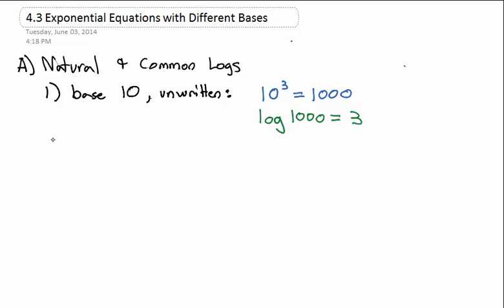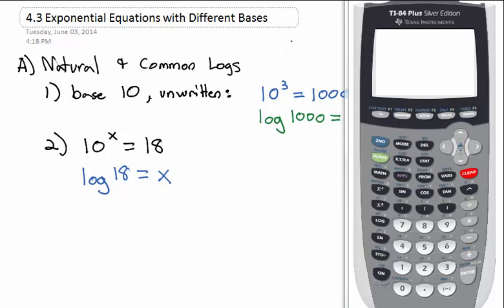So we are now ready to solve problems like 10 to some power equals maybe 18. If I were to change this to a logarithm, I wouldn't write the base. I would just write log, because it implies a base 10, of 18 equals x. And what's nice about log 18 equals x is I can do log 18 on my calculator.